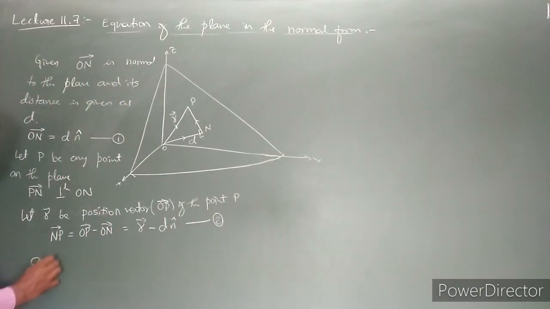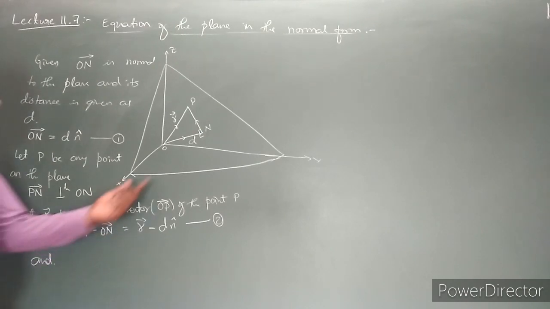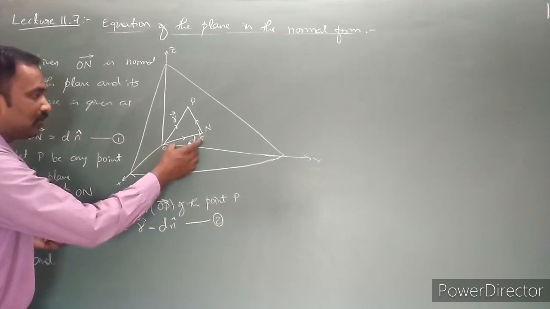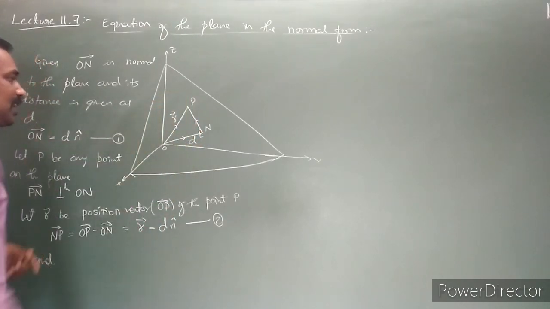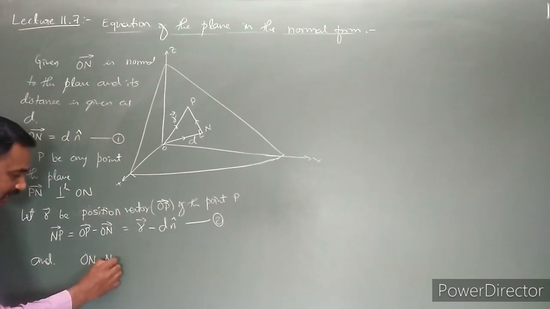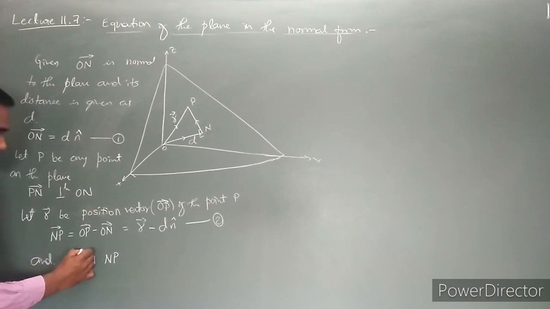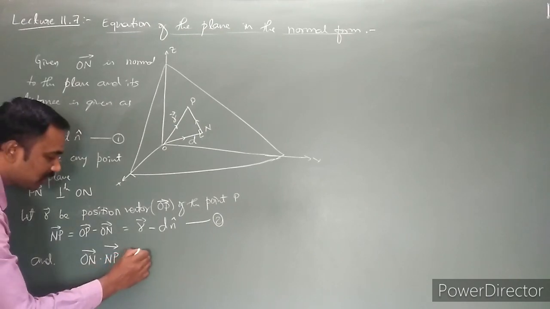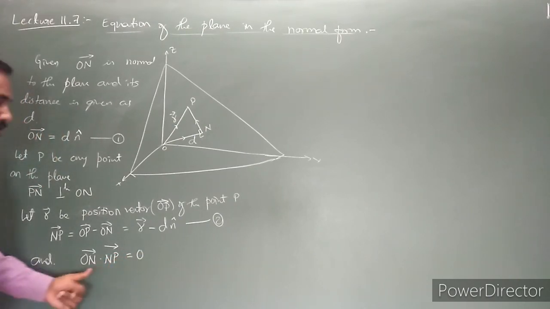Apart from that, from this diagram we already know the ON vector and NP vector are both vectors. If I take the dot product of these two vectors, what is it equal to? It is equal to 0.